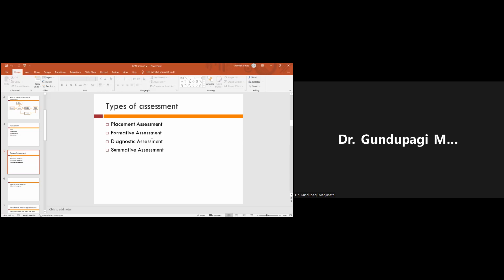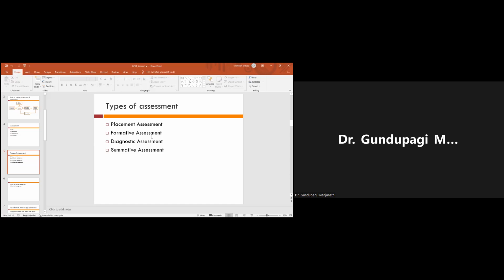Formative assessment. I think in the COVID period, you might have heard about this formative assessment, which we use to monitor the learning progress, especially during instruction. The purpose of the formative assessment is to provide continuous feedback to both the students as well as teachers.